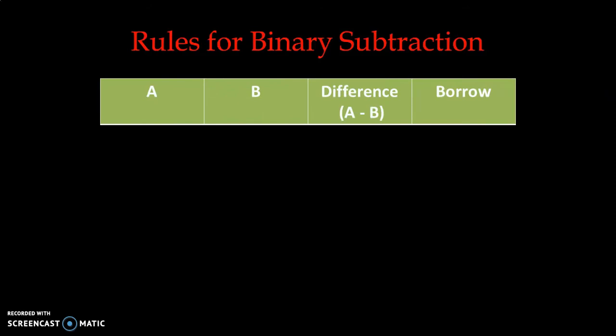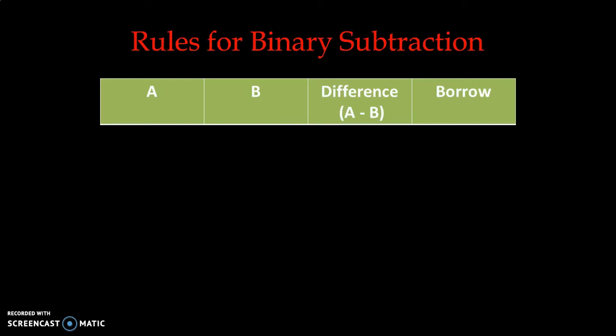We have two binary bits, A as well as B, and the difference, that is A minus B. We are subtracting B from A. Now it depends on the value of either A or B. If A is greater than B, then we can easily subtract A minus B.